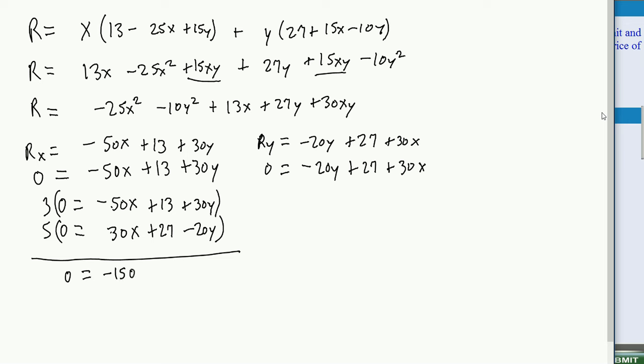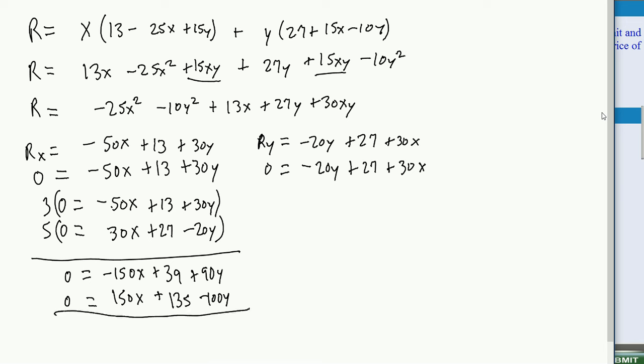So 0 equals negative 150x plus 39 plus 90y, and 0 equals 150x plus 135, right? 135. And then 5 times negative 20y is going to be negative 100y.